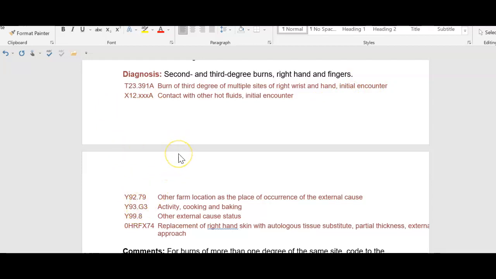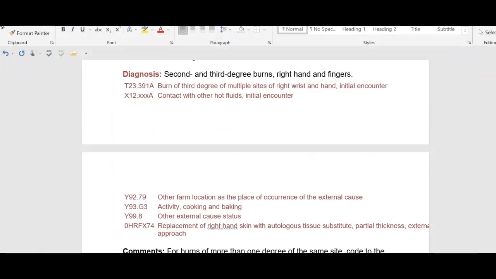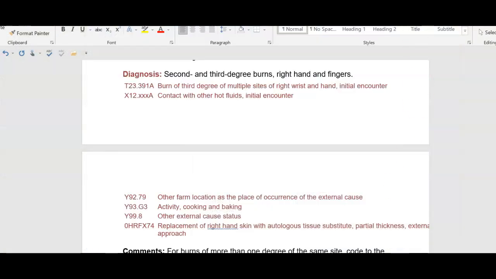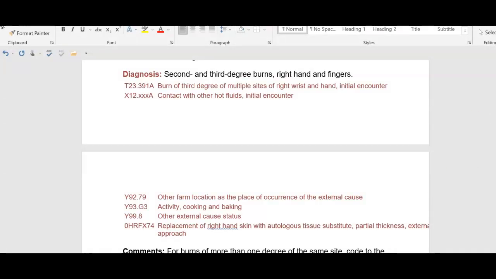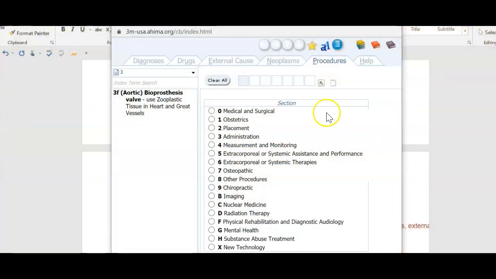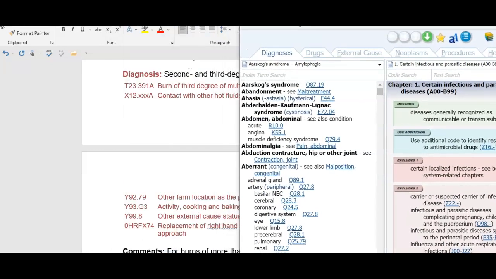Okay. With this, let's go ahead and pull up the encoder. Too many tabs open here. Okay. So we are going to go to burn.